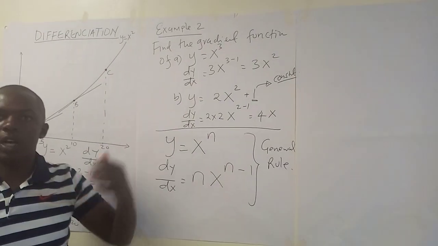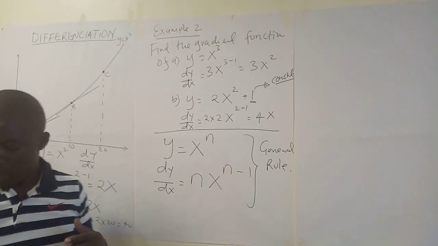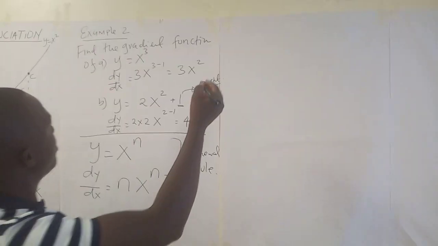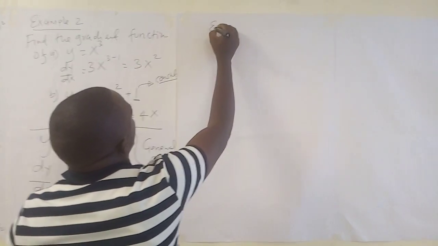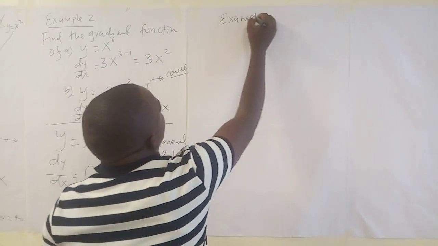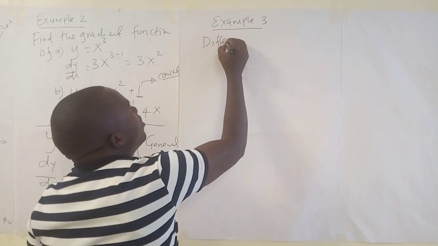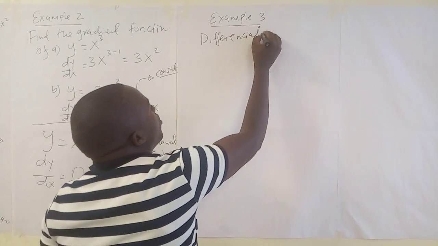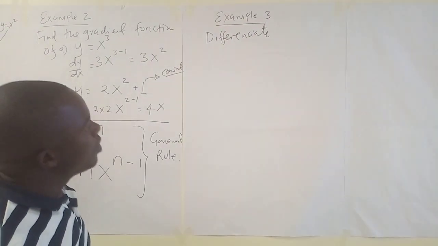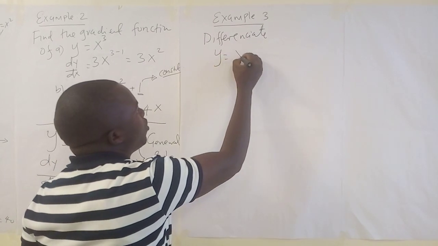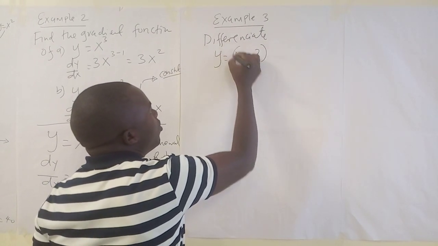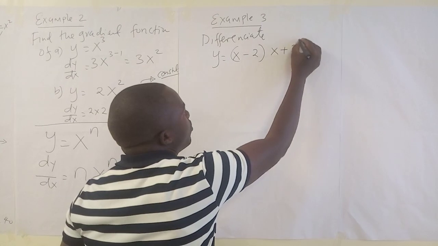We are going to look at a little bit more examples. Another good example is example 3: differentiate y equals (x minus 2)(x plus 2).